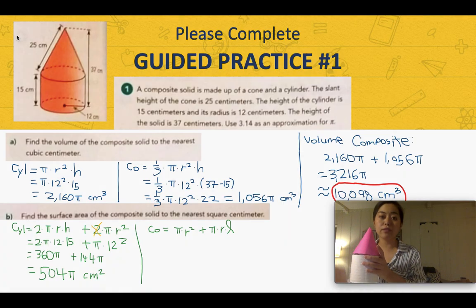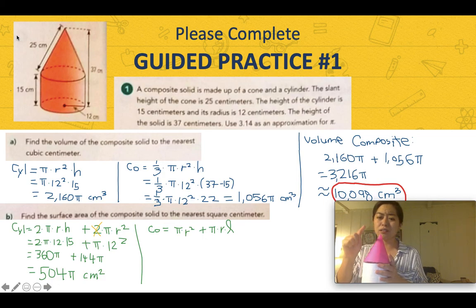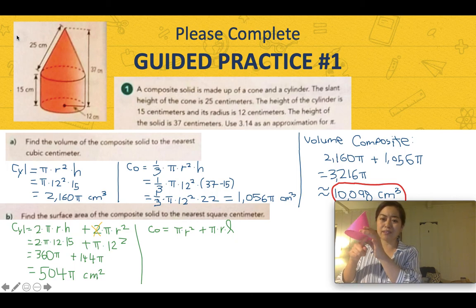Now we have to find the surface area of the cone. Okay, now this is the equation that's given inside your book to find the surface area of an actual cone. Okay, of this actual cone here. But in our composite solid, does the surface area of the base count in the cone?